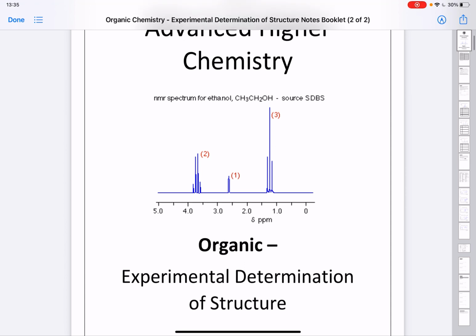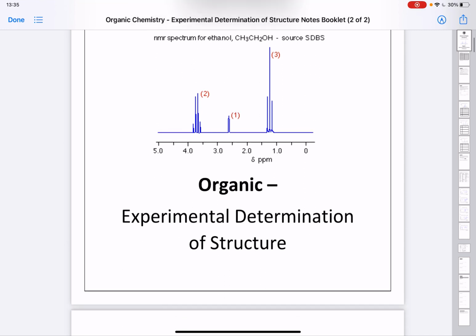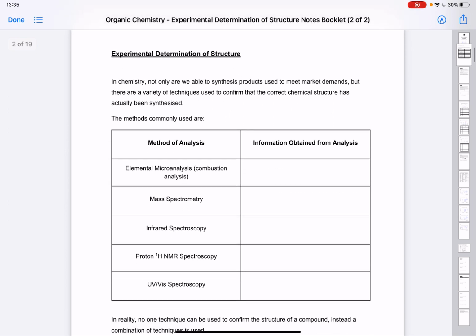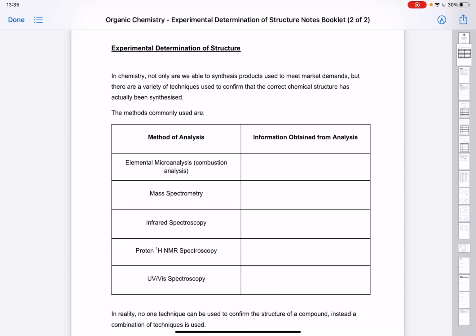So experimental determination of structure is all about how we can find out what substance we have actually made in the lab. And there are a number of different techniques that we can use to do this. So, to start with a little introduction, in chemistry, not only are we able to synthesize products used to meet market demands, but there are a variety of techniques used to confirm that the correct chemical structure has actually been synthesized.